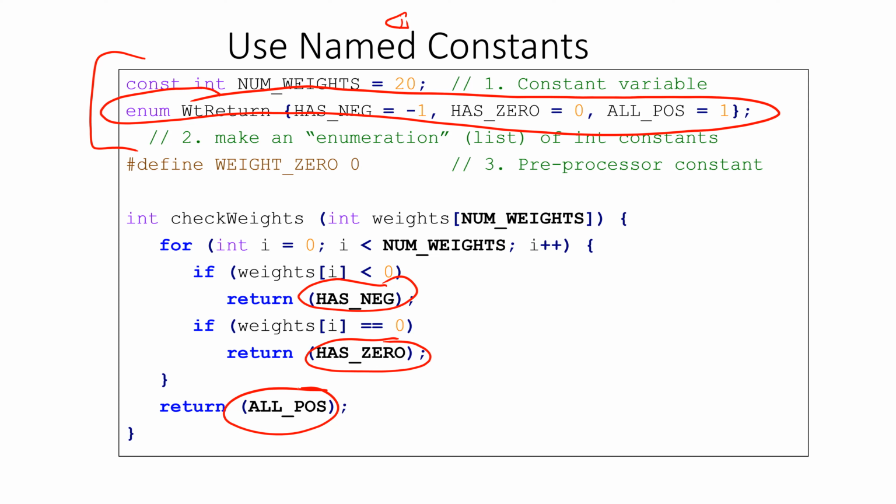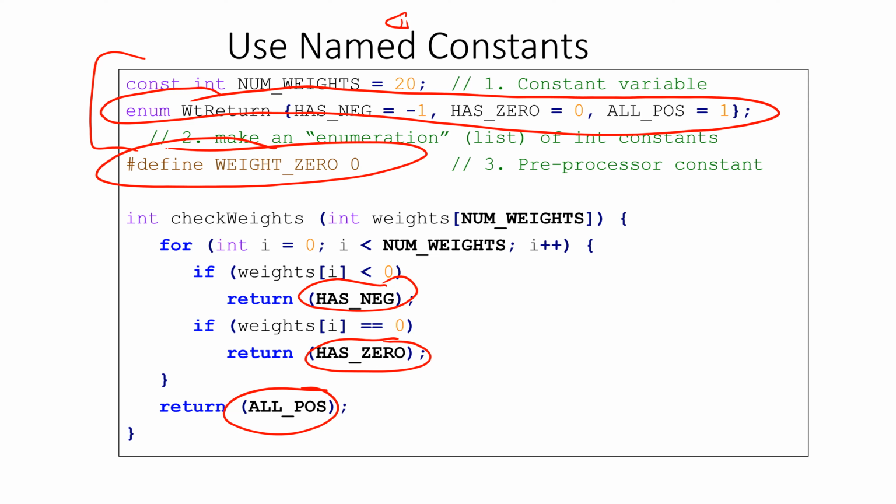Has a negative, has a 0. The function that called this can also use the same constants, so that code gets more readable. In the debugger, it can also show me these values, so that instead of seeing a negative 1, I can actually see things like has neg, and that's easier for me to interpret.